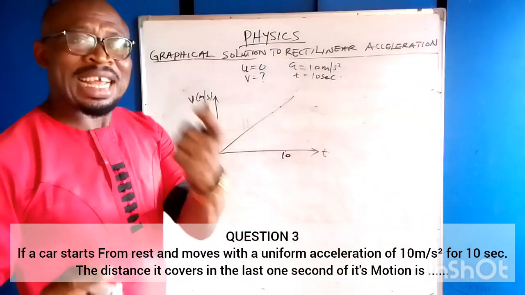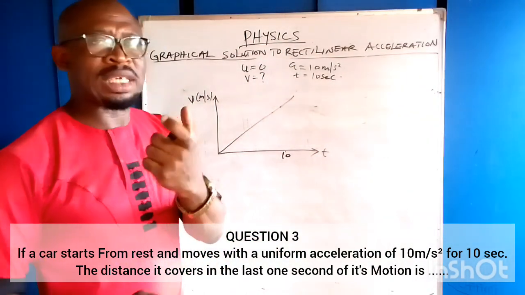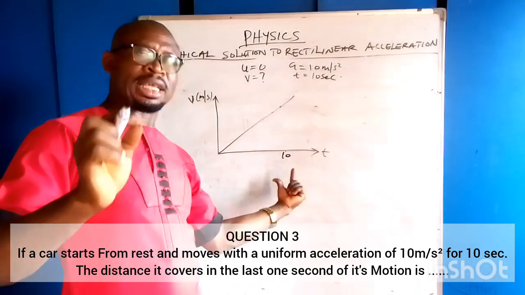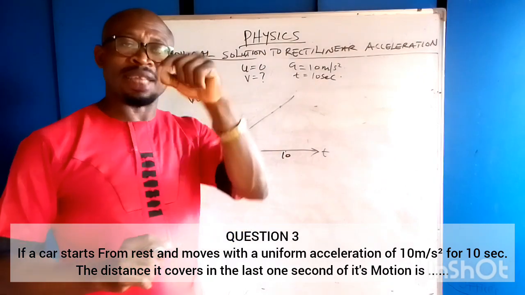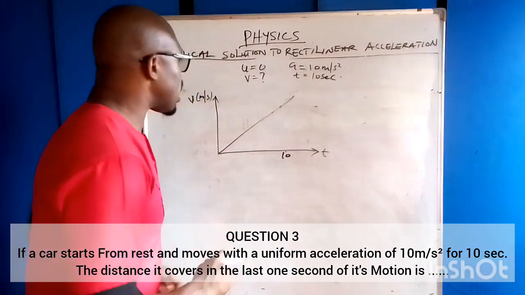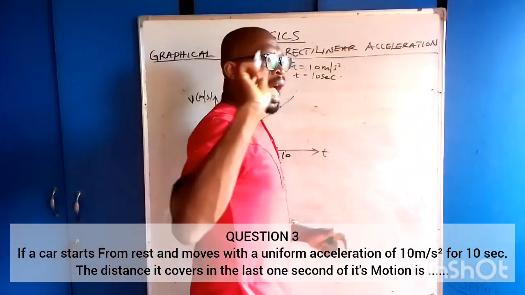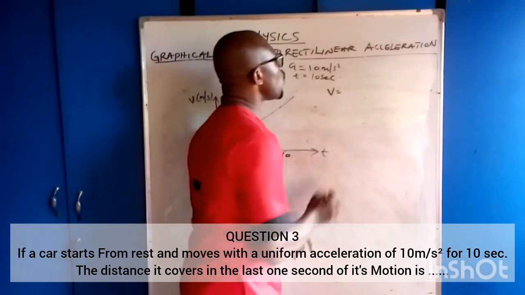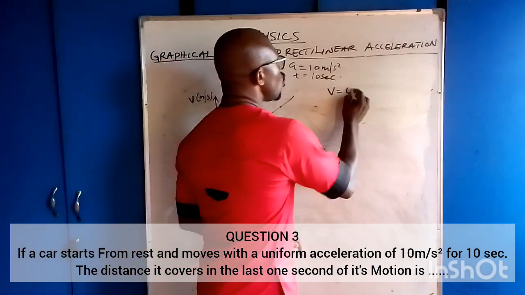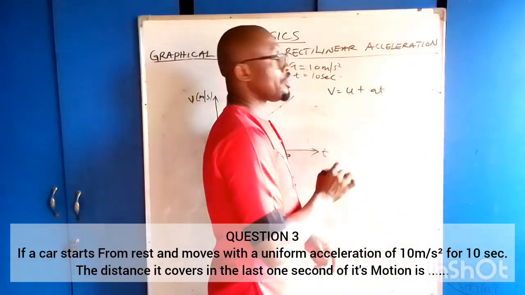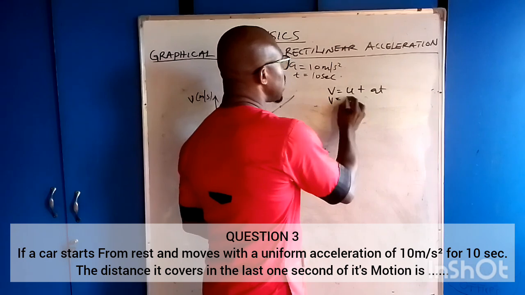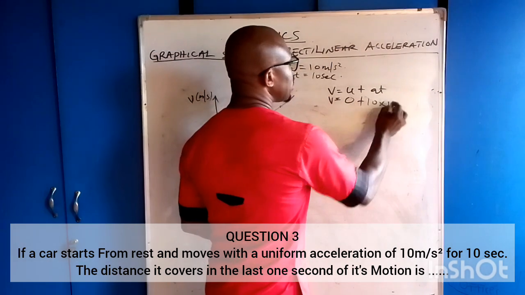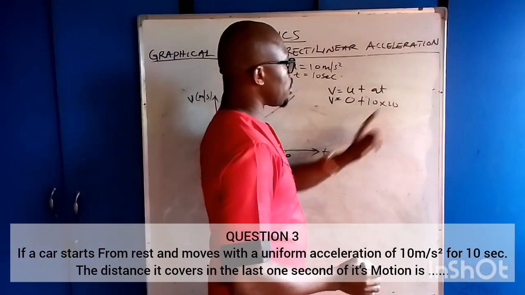Now, the distance covered in the last 1 second is the distance between the 10th second and that of the 9th second. At the 10th second, to find v, v equals u plus at. u is 0, plus acceleration, which is 10, times time, which is 10.